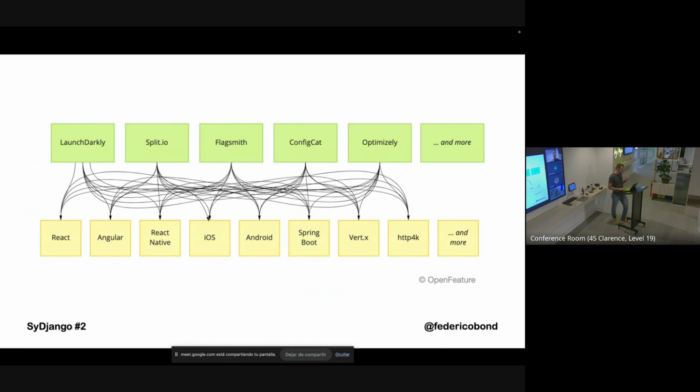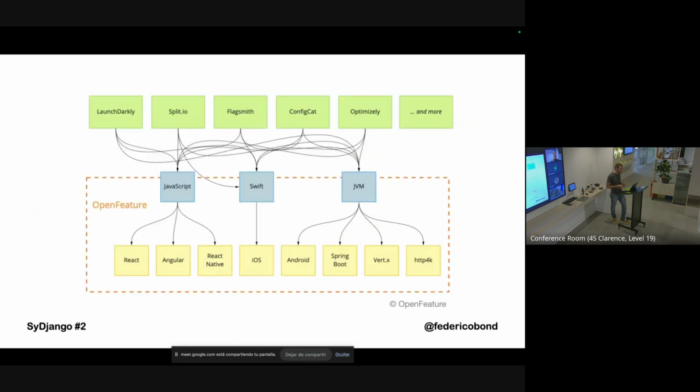So we can transform this problem into one where, through OpenFeature, every vendor just has to implement a provider that plugs in on the back of the OpenFeature SDK, and they just have to implement a very small API surface, and then we can focus our efforts on providing great support for different languages and different frameworks.